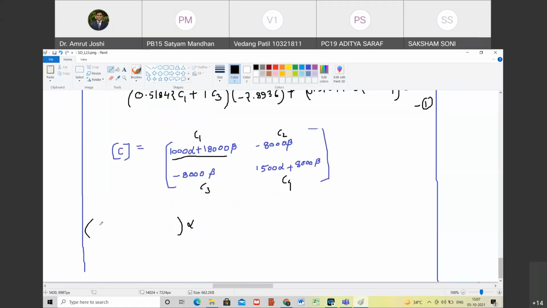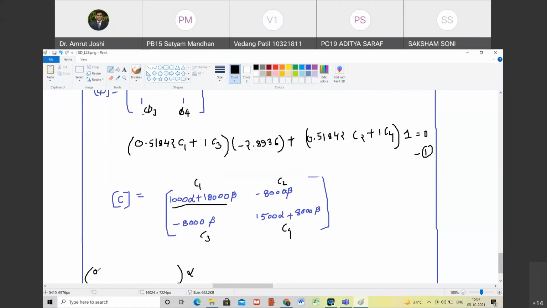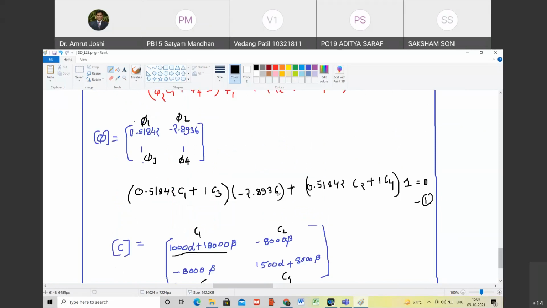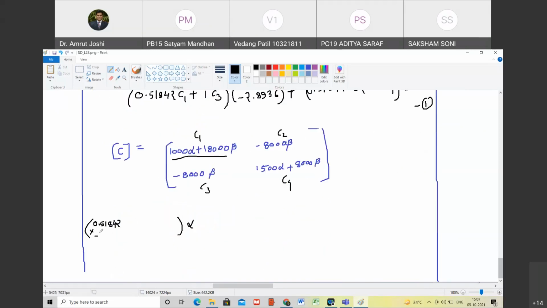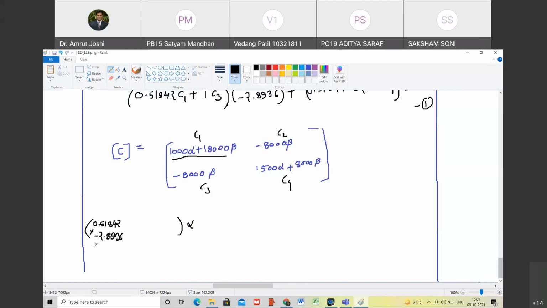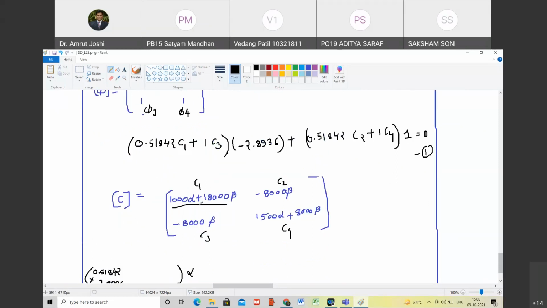Do you agree with me? Yes. So I am going to write it down: 0.51842 multiplied by the minus 2.8936 sitting outside, which I will write as it is, and in C1 it will be 1000. If I take this, I have considered the coefficient of alpha in the C1 term here. Happy?